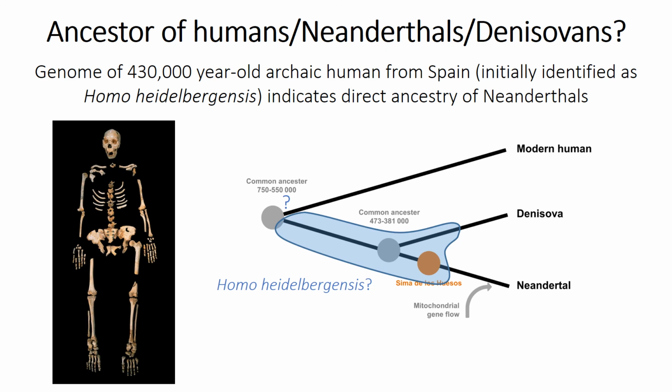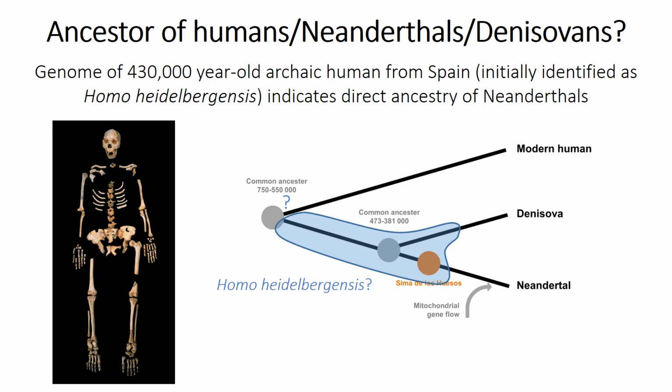Most of the ancient DNA work has come from the last 100,000 years, so it hasn't been as informative for identifying which fossil species is the ancestor of humans, Denisovans, and Neanderthals. Who, 400, 500, 700,000 years ago, was the ancestor?